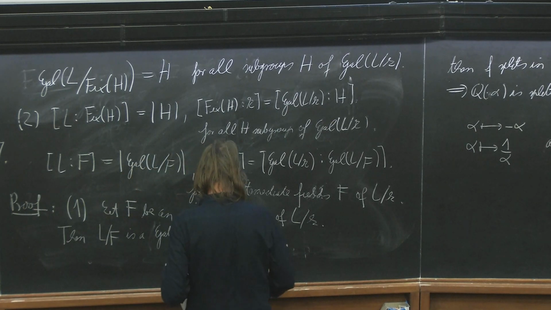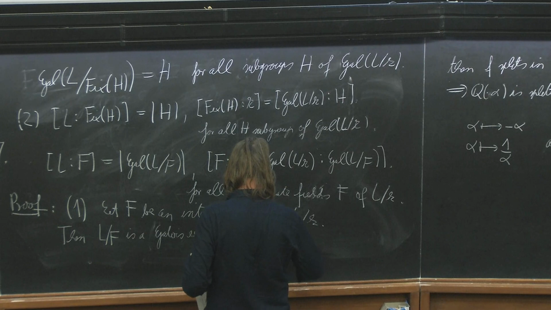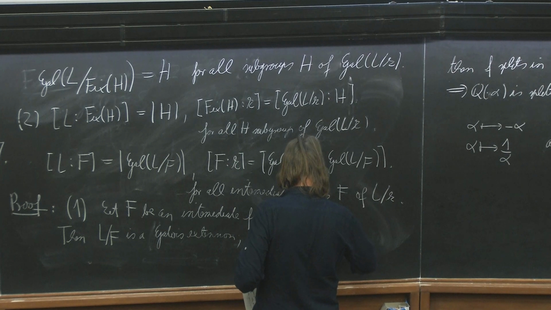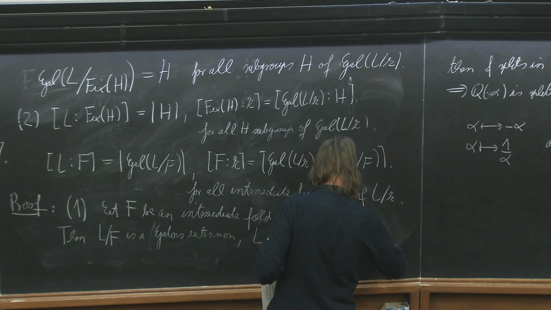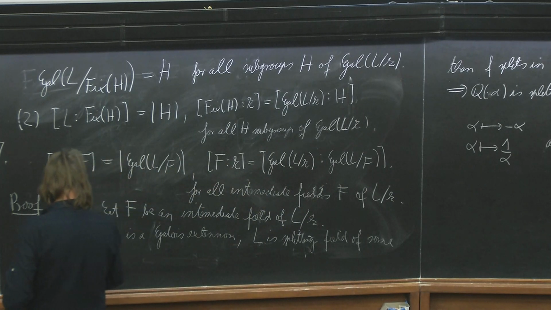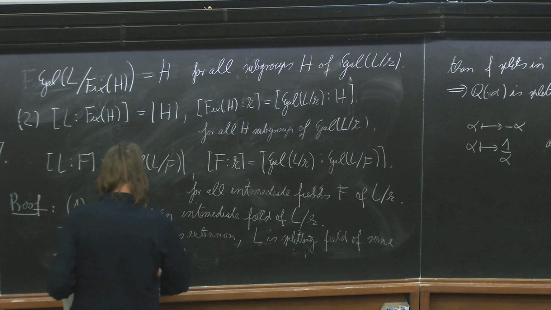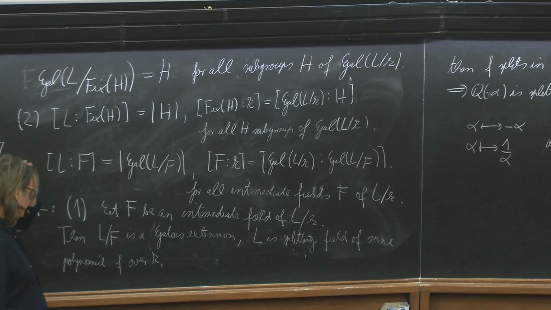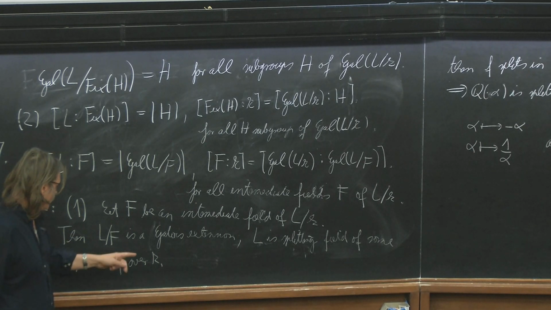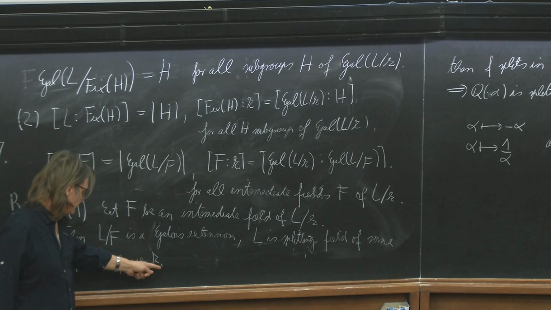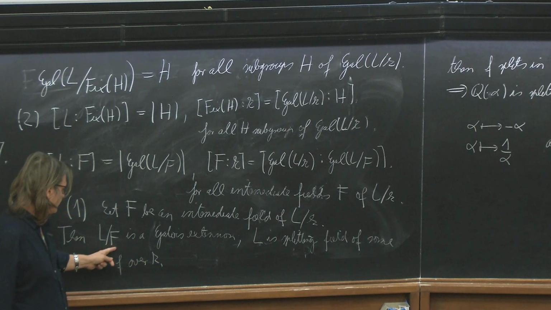So we know that L is the splitting field of some polynomial, say, well, I can still call it small f over K. And because being a splitting field is equivalent to being normal, and we know if something is a splitting field of f over K, then it's also a splitting field over any intermediate field.